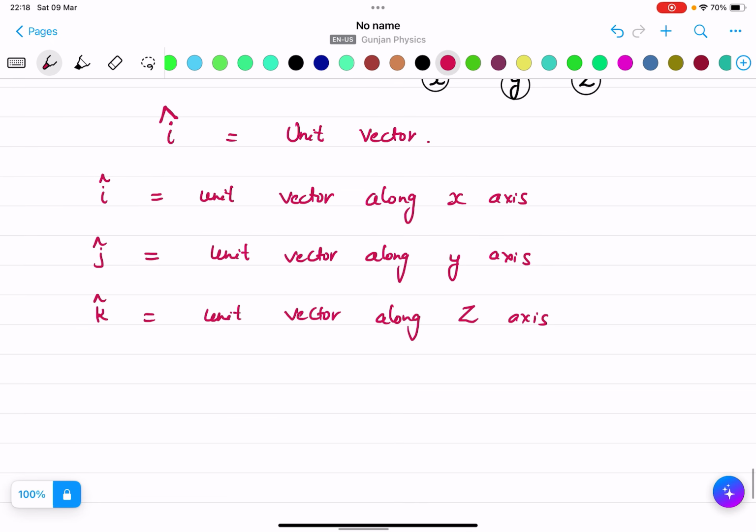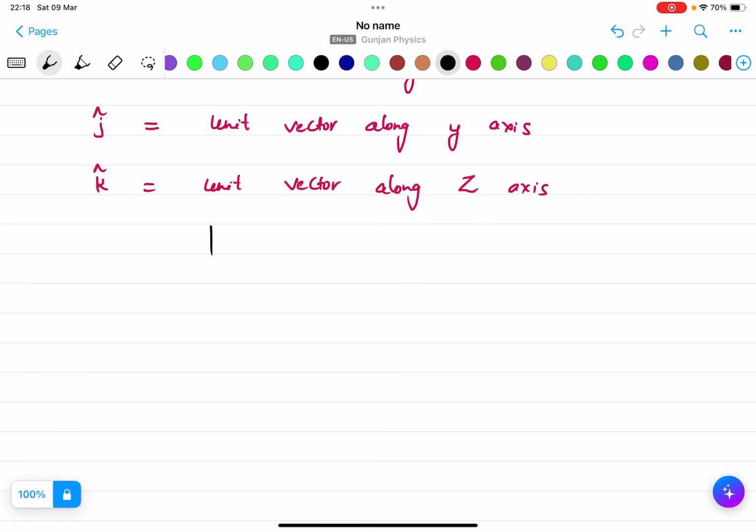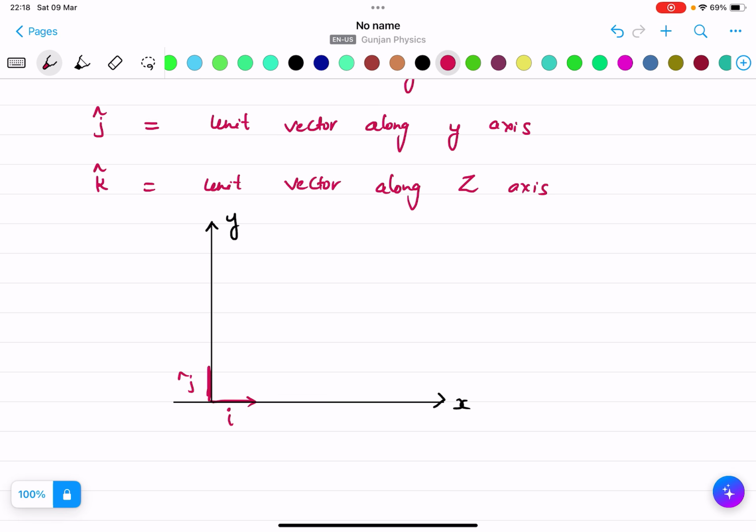If we need to show it on the graph, then how will we show it? This is my y axis, this is my x axis, and if I need to show the unit vector, then this is basically i and here is the j vector.